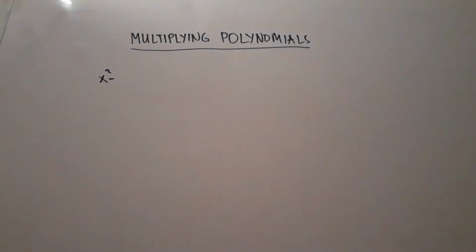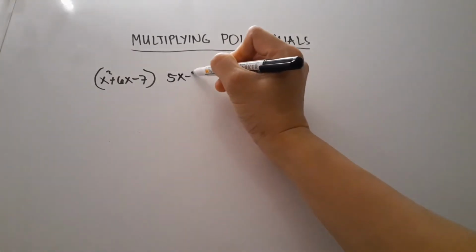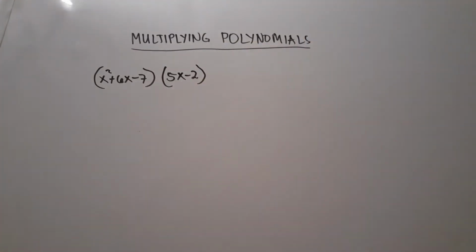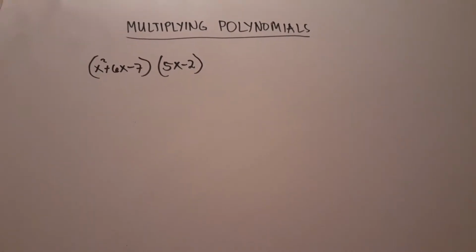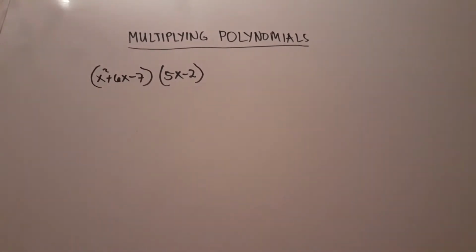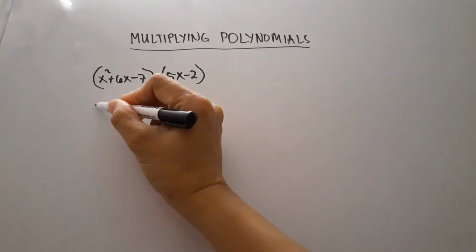Let's have another example. x squared plus 6x minus 7 times 5x minus 2.